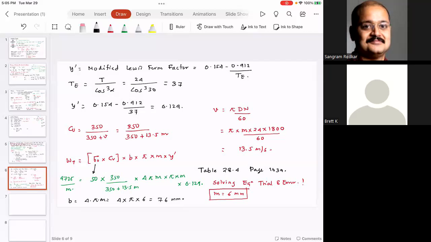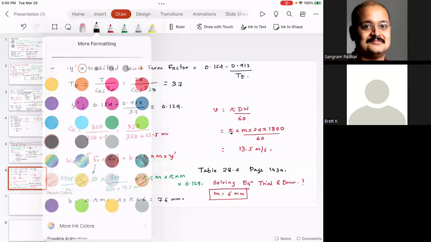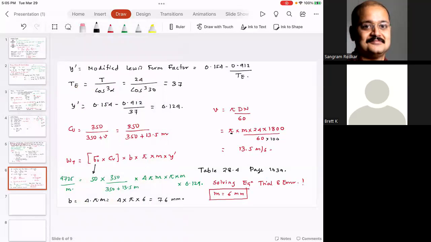Not receiving B is 13.5. Then how much are you getting? 13.5. Okay. What are you getting? 135. I was getting 2,000. So pi times m times 24, 1800 divided by 60. This will be in millimeters, so multiply this by 1000. That gives you meters per second, because this V has to be in meters per second.